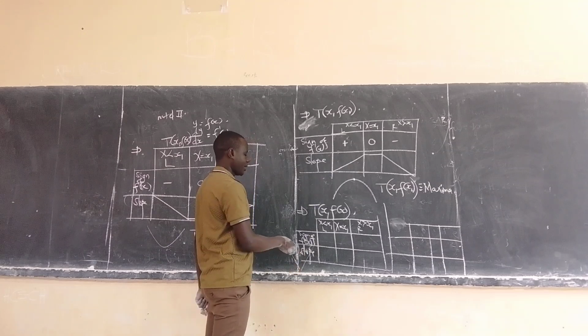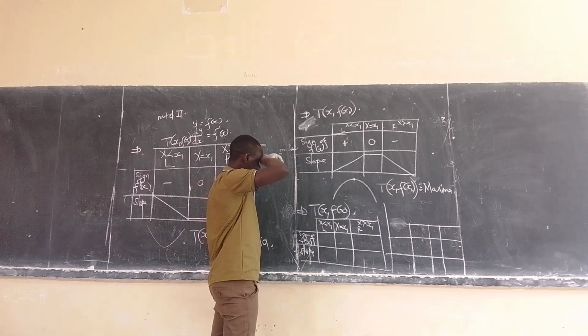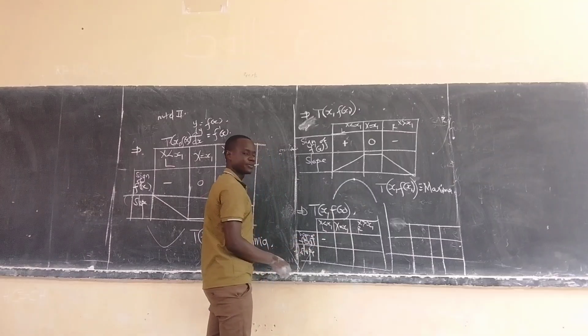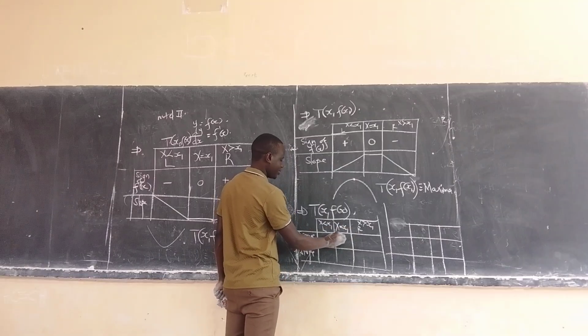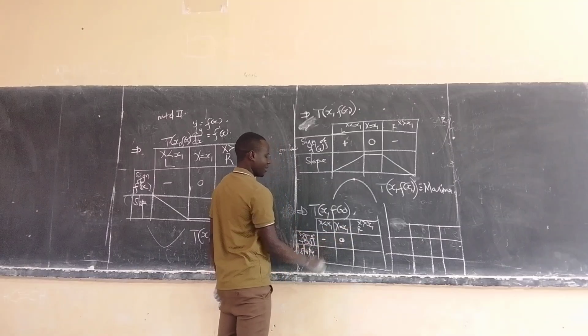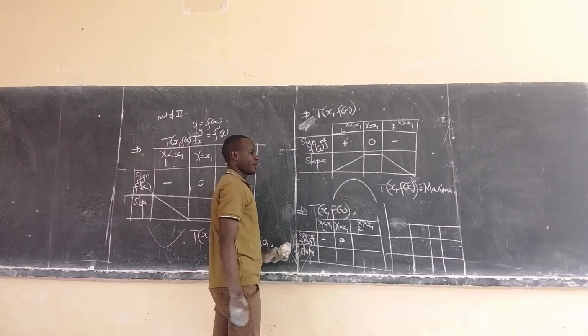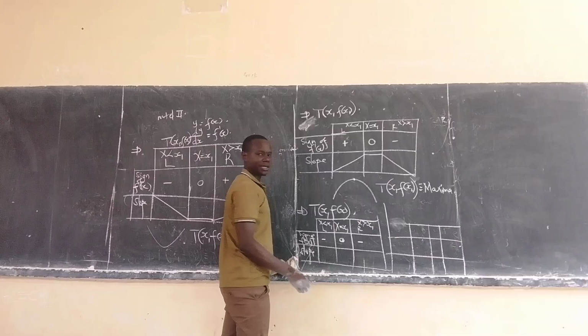So if you pick an x value which is less than the x coordinate of the turning point and you get a negative, when you put in the x coordinate of the turning point, you always get a 0. And when you put in an x coordinate which is greater than the x coordinate of the turning point, you might still get a negative.